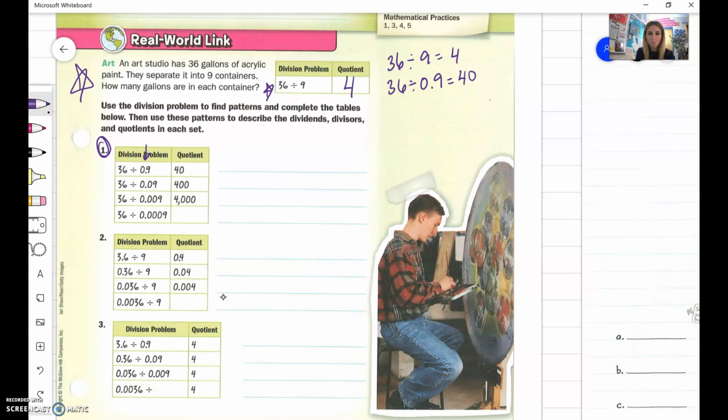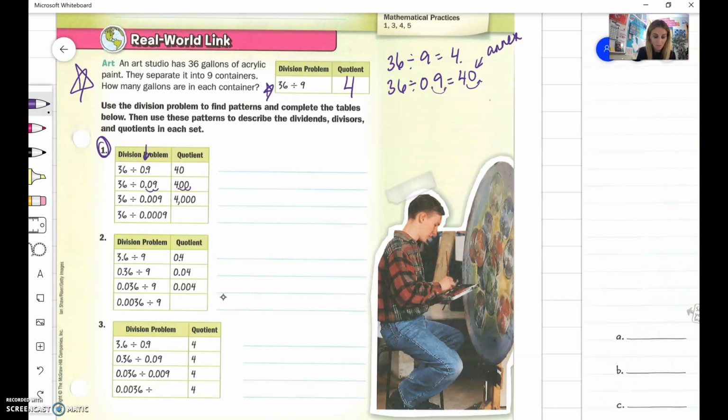So what is happening? I'm seeing that the decimal point is at the end here, and it looks like I just moved it over 1, which meant that I annexed a 0. What happens if my basic fact is still 36 divided by 9, but I move my decimal over 2?